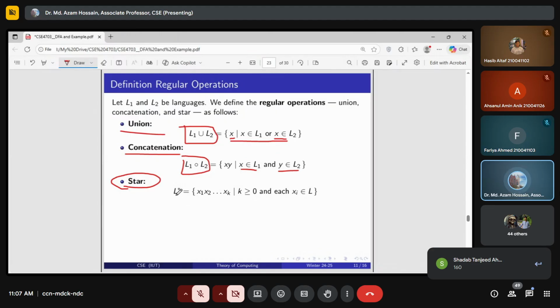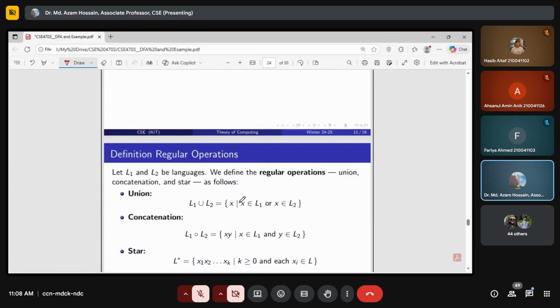L star defines the combination of many strings x1 through xk, where this k could be 0, meaning it can also have the zero-length string, so epsilon is also a member of this language, and each xi is from L. So these x's are coming from L, and any combination of x's forms L star. Let's look at an example, then that may become clearer to you.